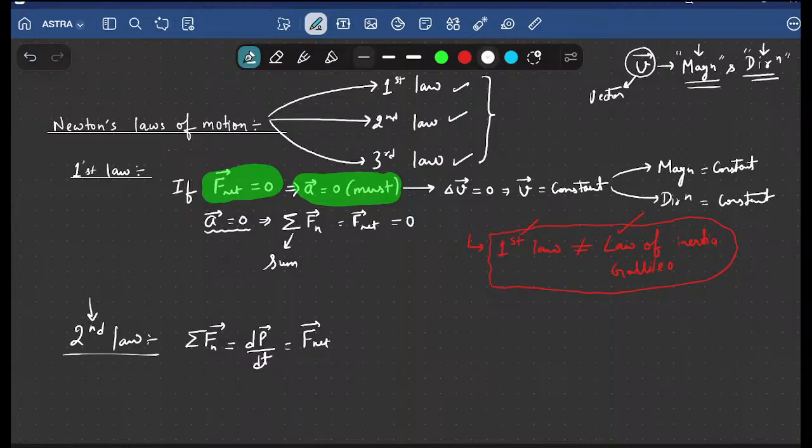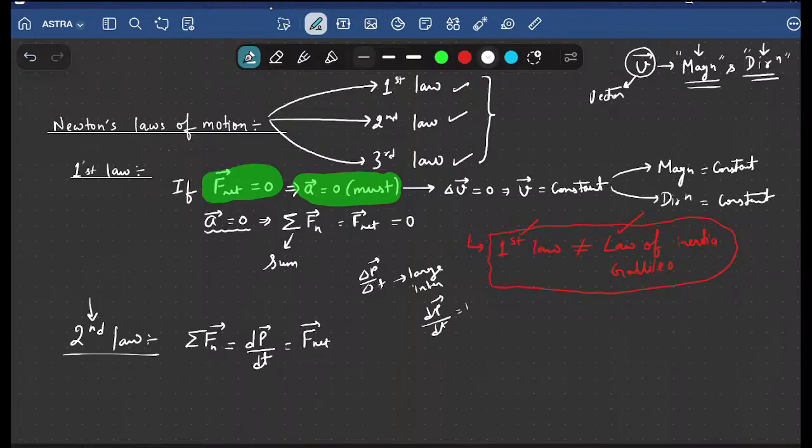The only difference is that in one case we are seeing the change in momentum in a large interval of time, then we call it delta P by delta T. But when we take dp by dt, it means we are observing the change in momentum in a small interval. That's why the change in momentum is also very small.